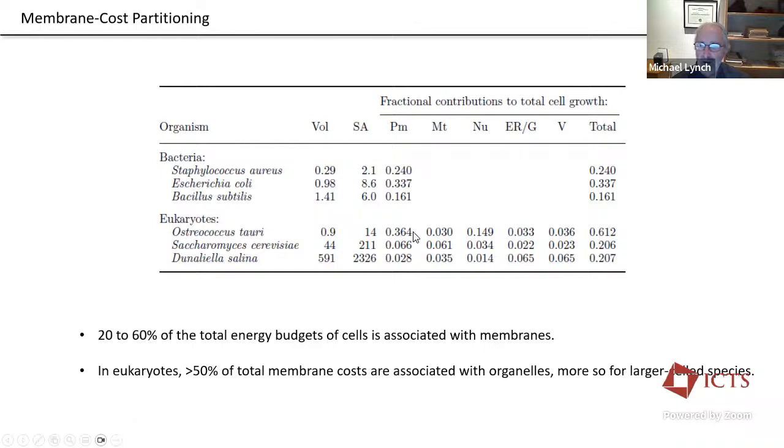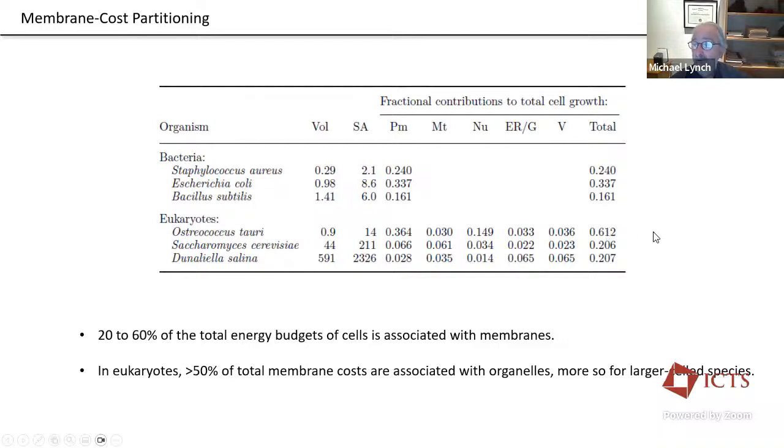So here's Ostreococcus. Most of the lipids are in the plasma membrane, about 3% in the mitochondria, about 15% in the nuclear envelope, and so on. And in Ostreococcus, about 60% of the cell's energy budget is associated with lipid membranes, about half of which or so is associated with the internal membranes.